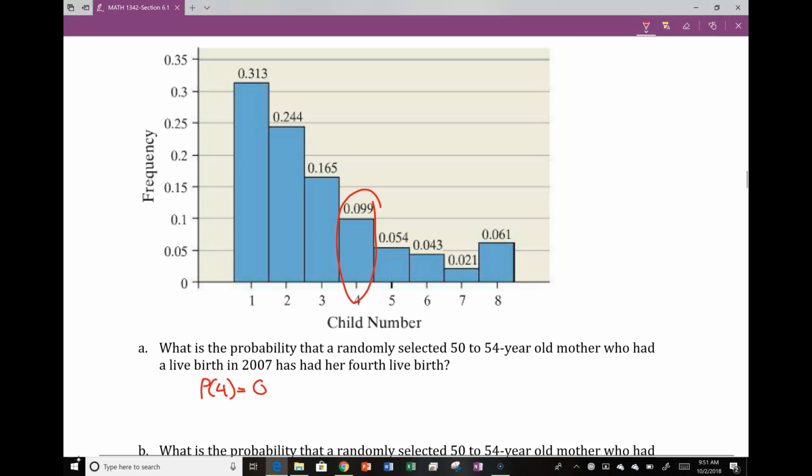So we have the probability, and I'm still missing a 0 there. Let me go back and put in another 0. There we go. So the probability that the randomly selected mother who had a live birth in 2007 has had her 4th live birth is 0.099.